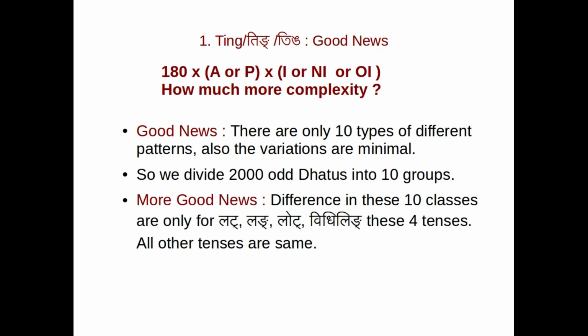Difference in these 10 classes or ganas are only for 4 of the tenses, which is lot, lang, lot, vidhiling. All other 6 tenses are the same for all the 10 ganas.